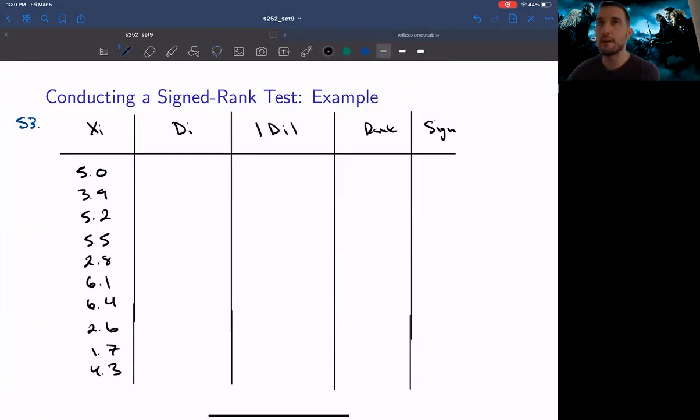Now what we're going to do is take the difference between each observed value and the hypothesized median.